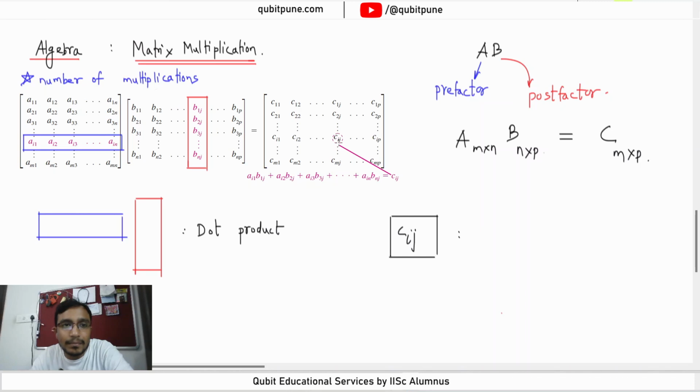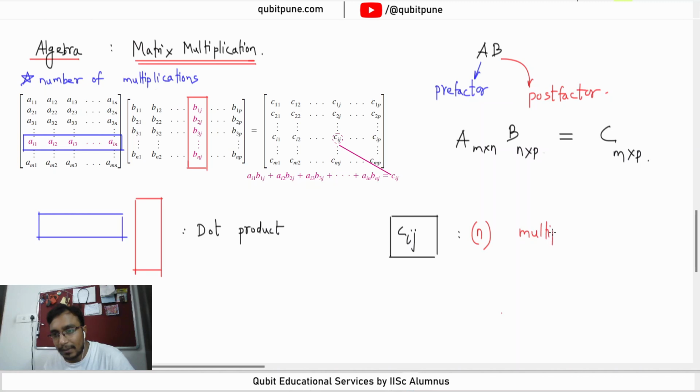Exactly, it depends on the two matrices, but suppose I say that A is m cross n and B is n cross p. So how many multiplications for finding one element? N multiplications.